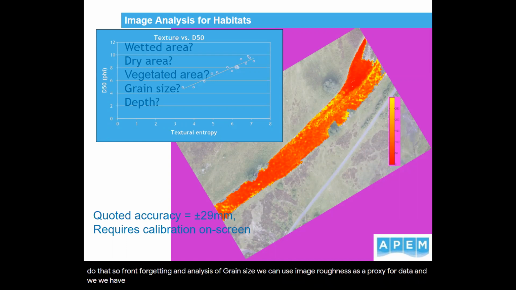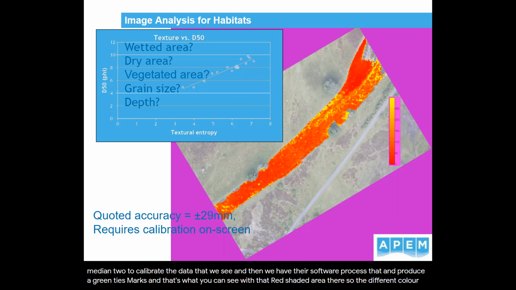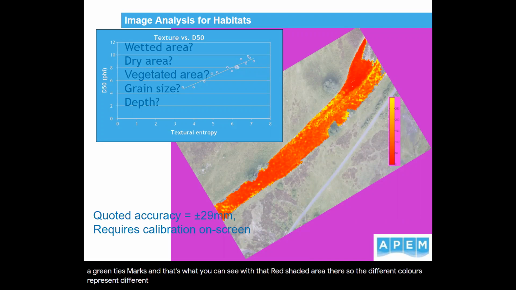We have some reference calibration sites where we know that that part of the river has a median grain size diameter of this, etc., to calibrate the data that we see, and then we have the software process that and produce a grain size map, and that's what you can see with that red shaded area there. The different colours represent different median grain sizes across the scene.